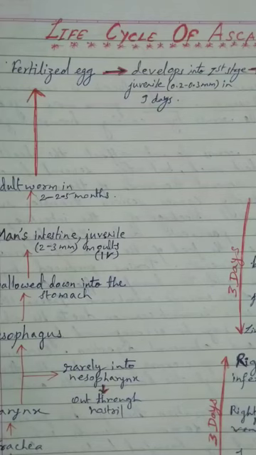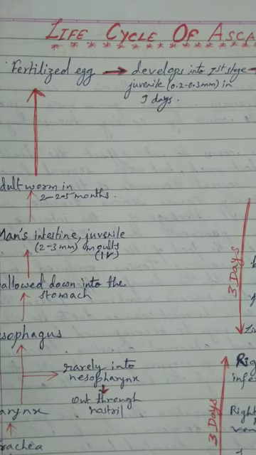Now talking about the life cycle of Ascaris. Till now we come to know that Ascaris is a disease, we can say a hand to mouth disease, because it enters into our body through our contaminated hand, from fruits and vegetables which are not washed properly, or the eggs of Ascaris can enter into our body through contaminated water polluted by the eggs of Ascaris.